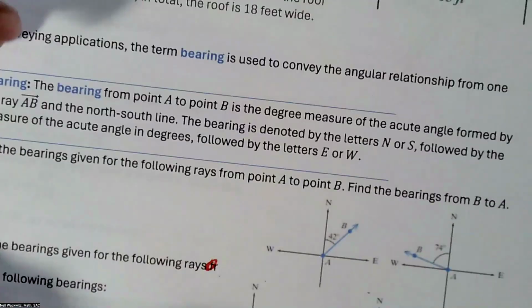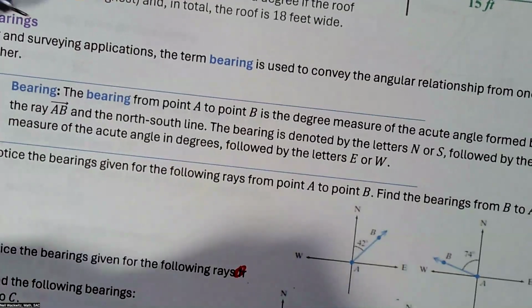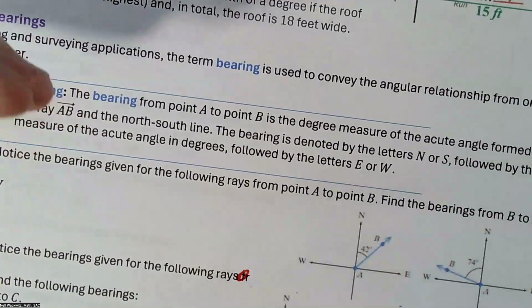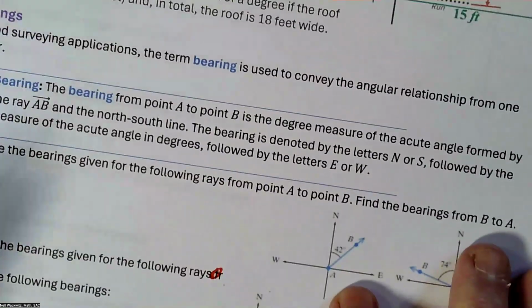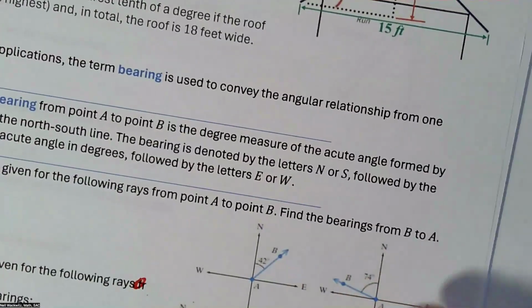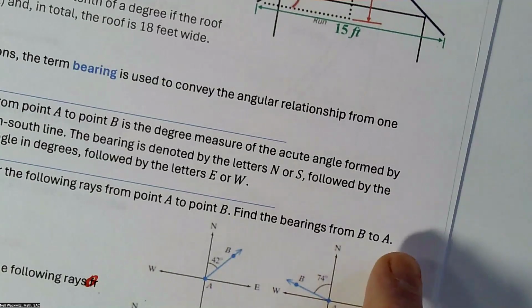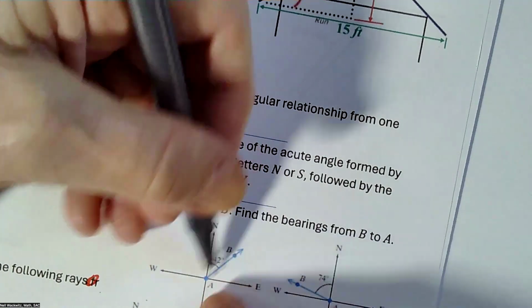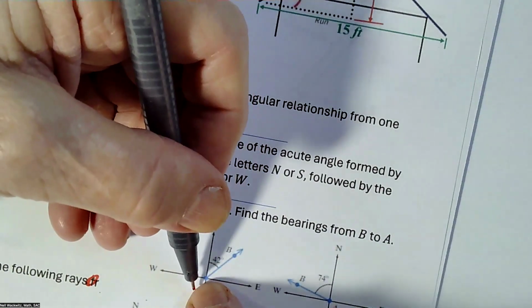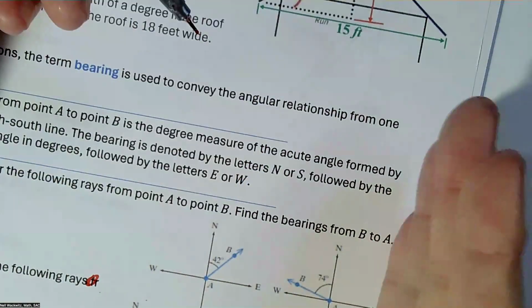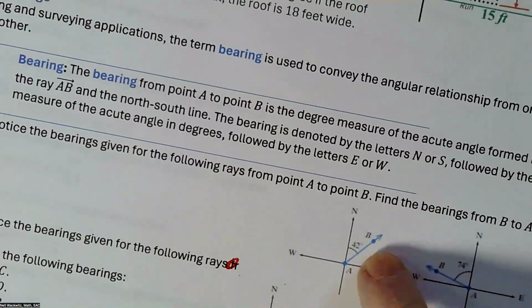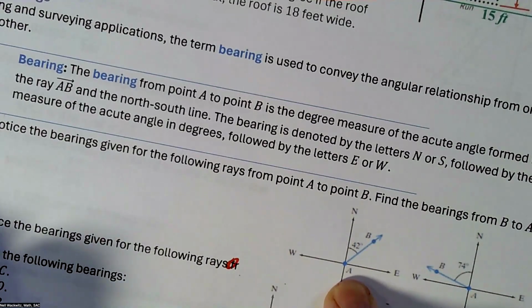Oh, and I forgot, you also state the direction that you're going. So if we go from B to A, we're going down, so south, and we're going west. So the bearing from B would be south 42 degrees west.